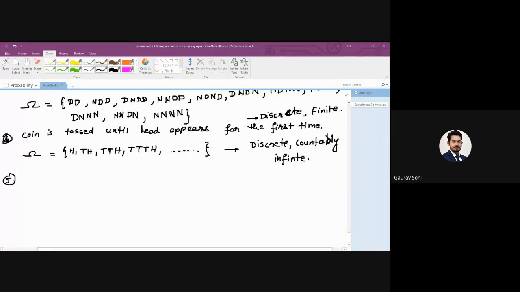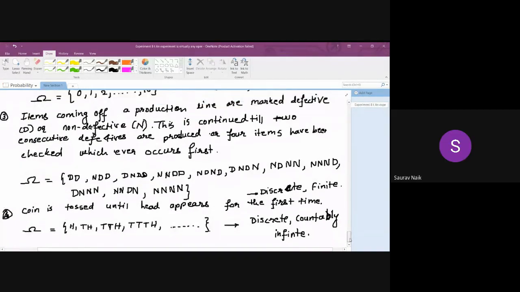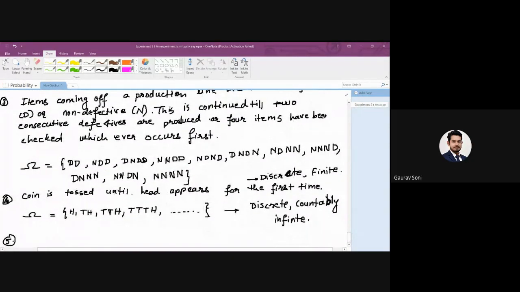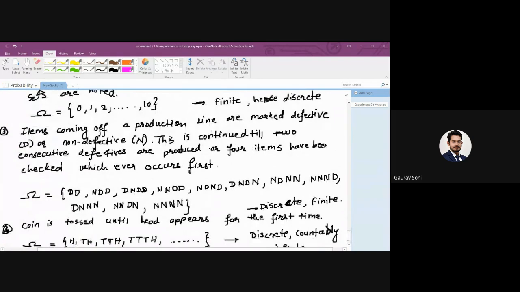Fifth one. Yes, Saurav, are you there? Yes, sir. So the question is that items are coming off a production line, and each product is marked defective or non-defective. The defective is marked as D and non-defective as capital N. This is continued until two defectives are produced.